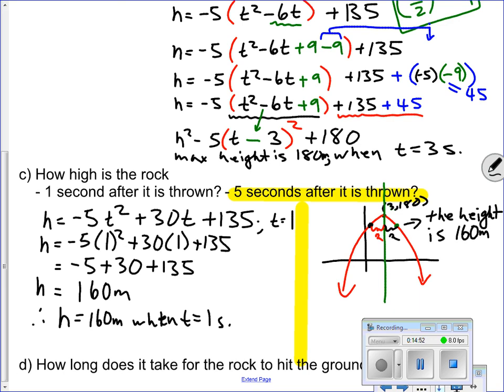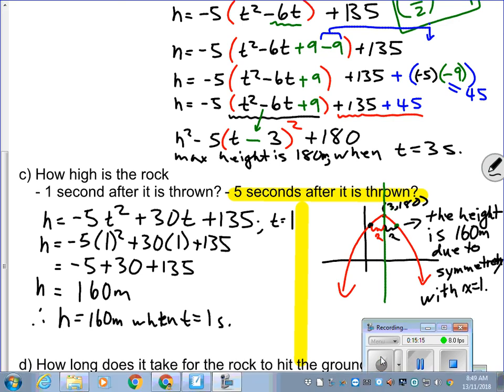And that's due to symmetry with t equals 1. Okay?